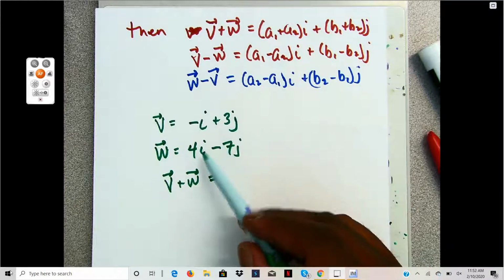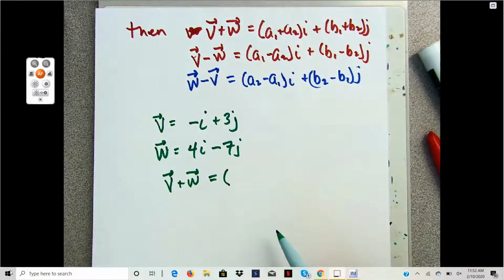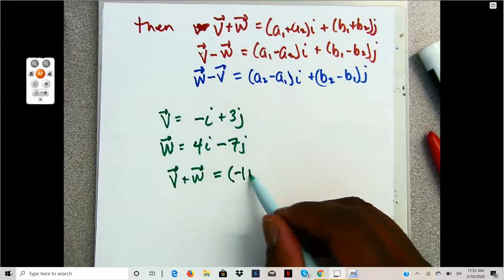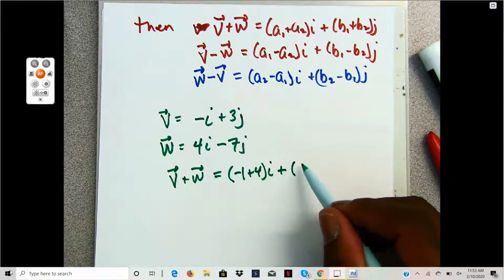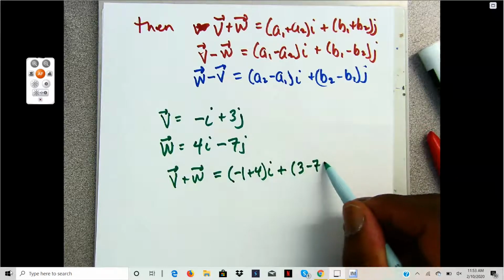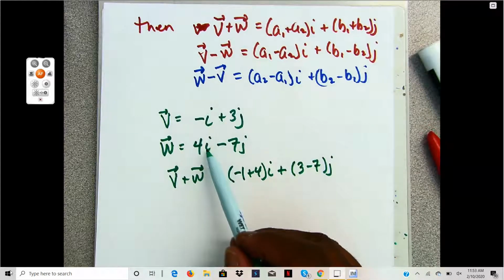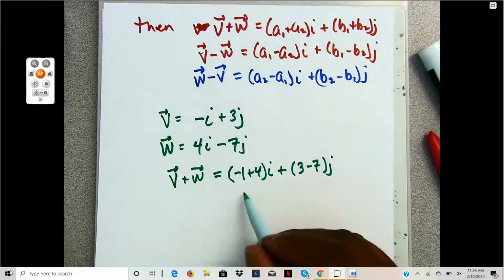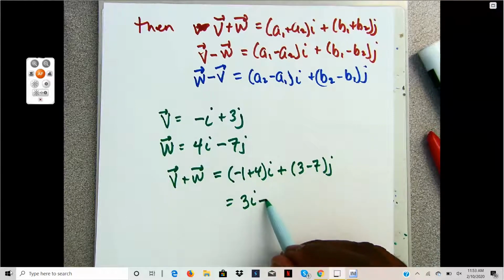Well, we're going to keep our i's together and our j's together. So vector v plus w will be negative 1 plus 4 i plus 3 minus 7 j. So a1 plus a2, b1 plus b2. That's going to give us 3i minus 4j.